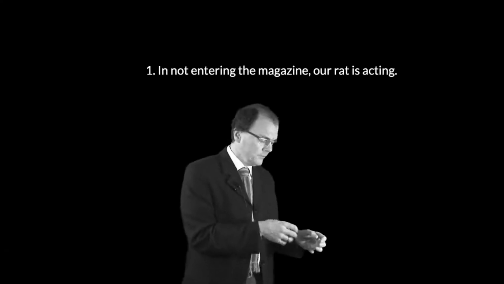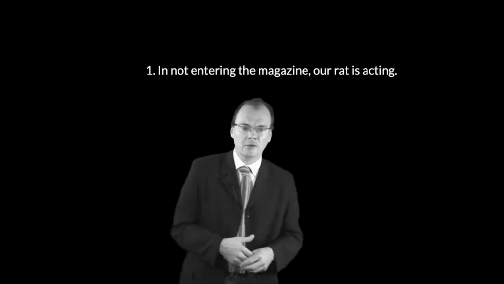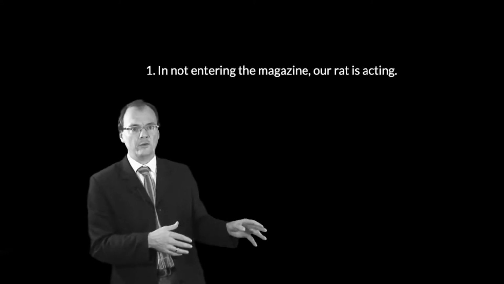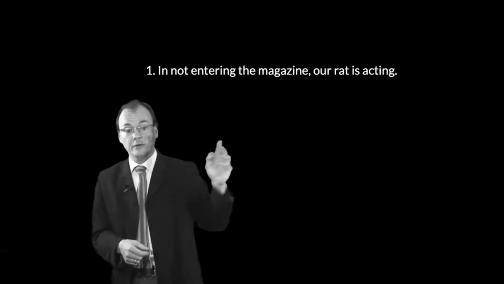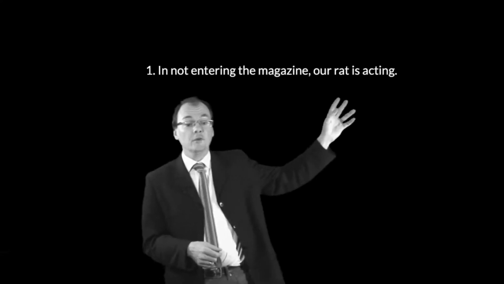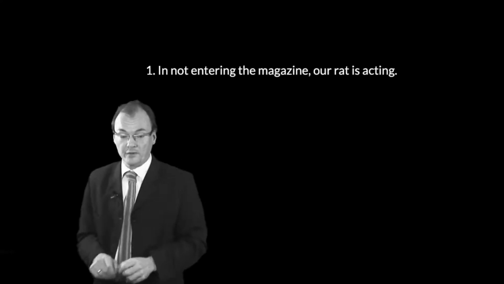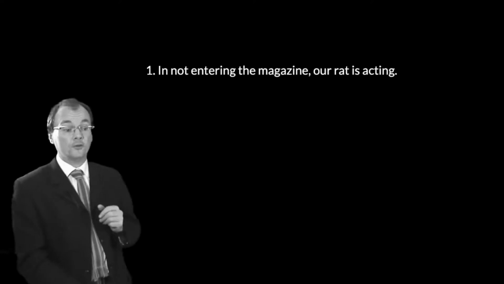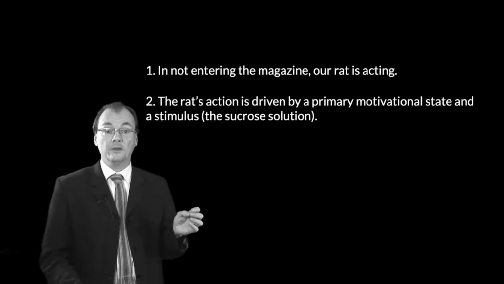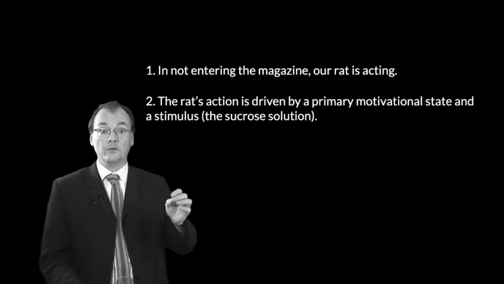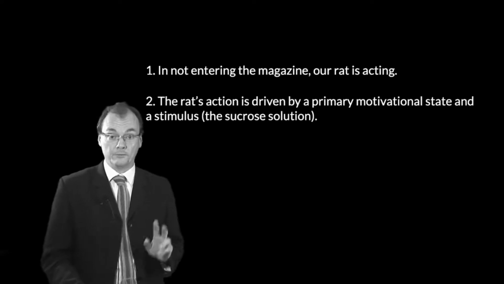It sort of doesn't really want to get in there and have that sucrose solution. It's actually behaving just like the rat that's already experienced the sucrose solution in the past. So the rat here, in not entering the magazine, is performing an action. That rat's action is driven by the aversion and the stimulus which is associated with the magazine.